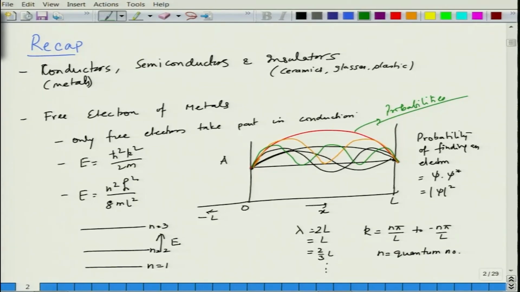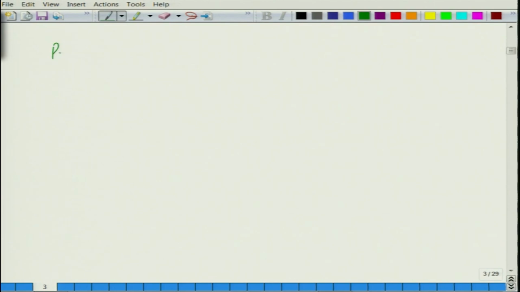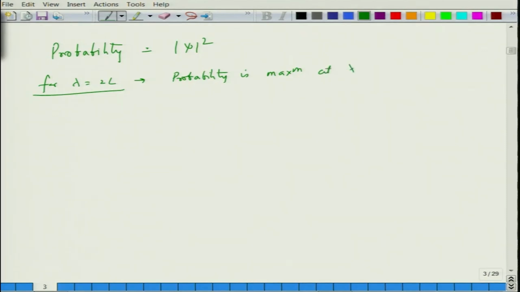Now, there is a problem. The problem is, we are saying that probability is equal to psi square, and that is the square of the amplitude at any point. So for, let us say, lambda equal to 2L, the probability is maximum at the center, and for lambda equal to L it is different at different places. This creates a problem because you are having different probabilities at different locations.